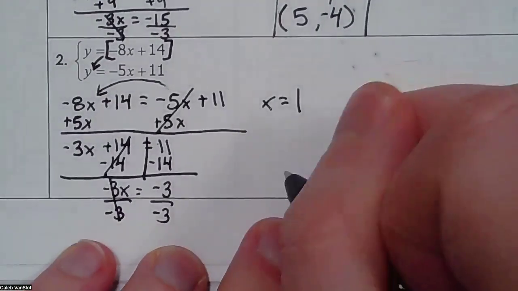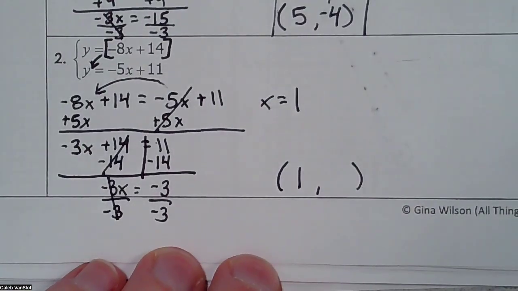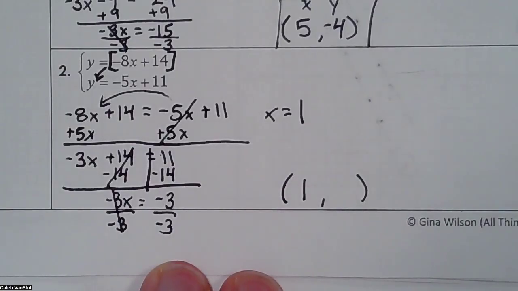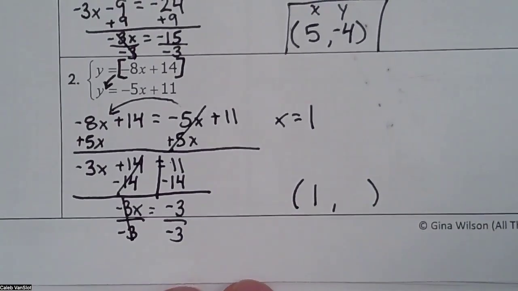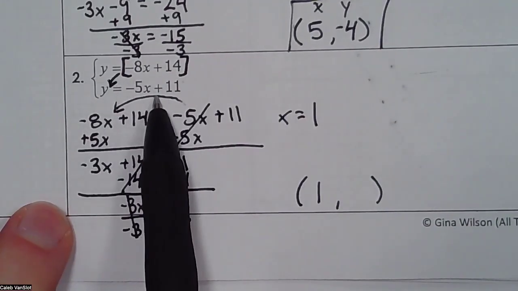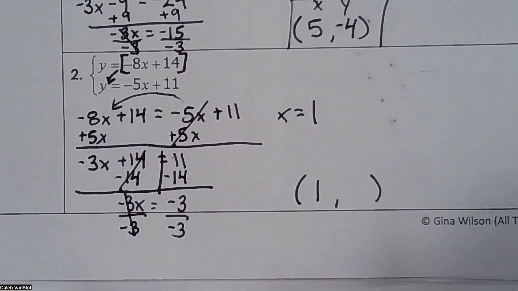Okay. And again, that's only half my answer, right? I've got my 1. Which equation do you want to put that 1 into? Ultimately, it's going to work for either, right? I usually tend towards the one that has smaller numbers just because the multiplication and addition are a little bit easier, okay?